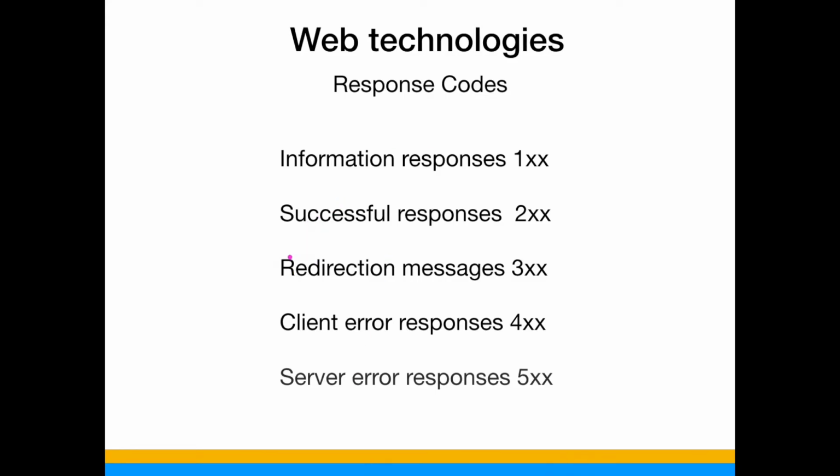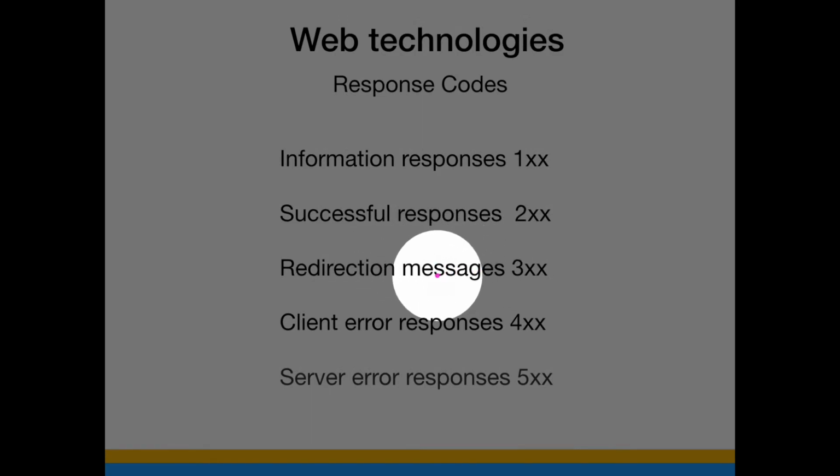So 302, 304 are common, either permanent or temporary status codes. And I would recommend that every time you are looking for some of those, you look at HTTP status codes, and that's a good way of telling a client the actual error. And it's a good way of them being able to handle it.